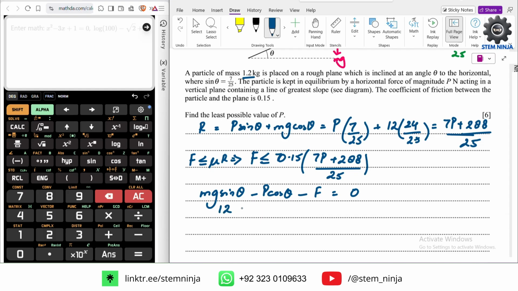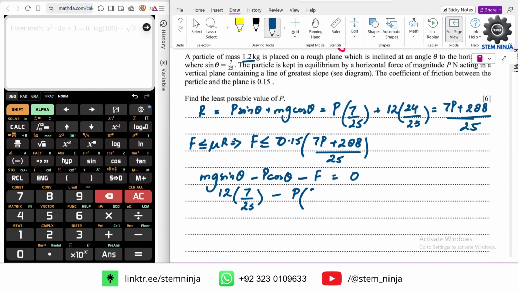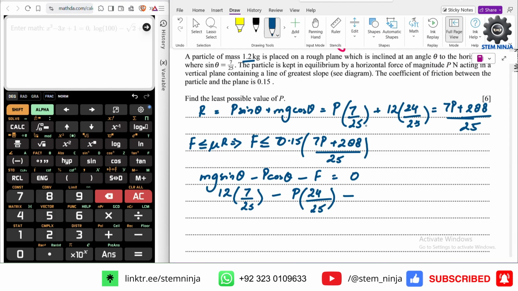So mg is 12, sine theta is 7 over 25. P cos theta would be 24 over 25, and F is this thing. Now this would be the maximum value of F. Only when we use the maximum value of F we would get the minimum value of P. However, let's see what we can get anyway.